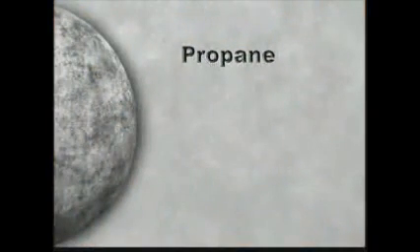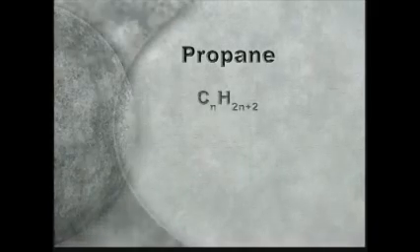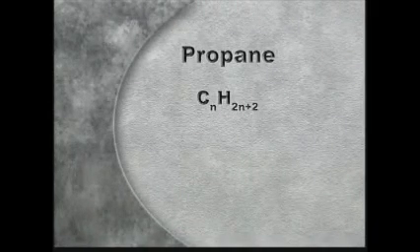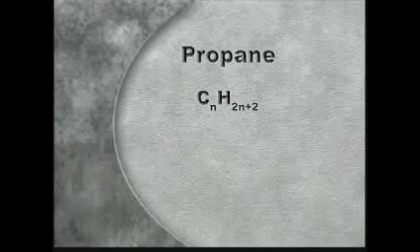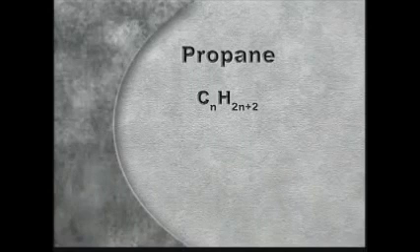Let's look at this example. How would you write the formula for the hydrocarbon propane? First of all, because the name ends in -ane, we know that propane is an alkane with the formula CnH2n+2. The prefix pro- is used when n is equal to 3.